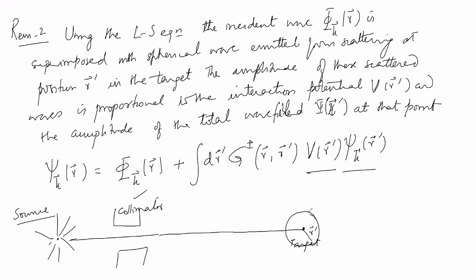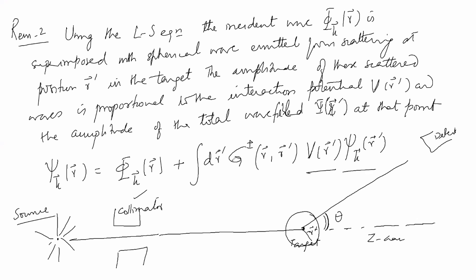This was the original direction, the z axis, and this is the direction where the detector is placed. This angle I call the zenith angle theta.